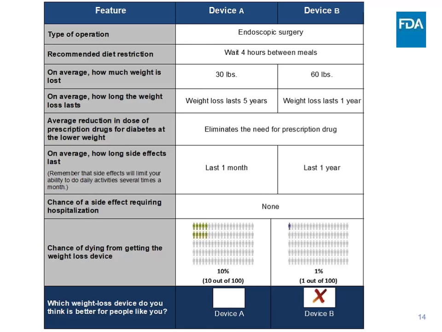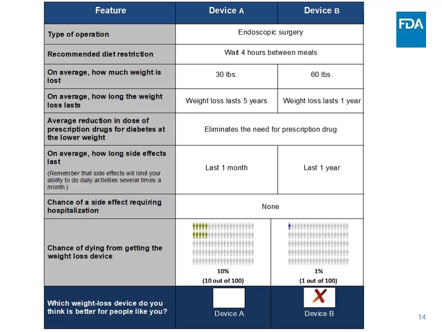and on average, how long the mild to moderate side effects would last, and what is the chance of a side effect requiring hospitalization, meaning the side effects that are more serious. And last but not least is the chance of dying from getting the weight loss device.